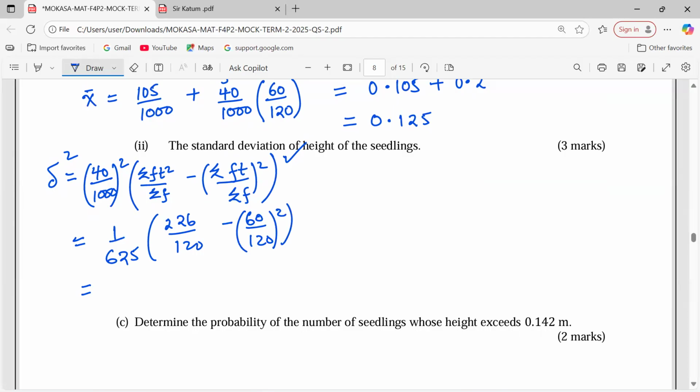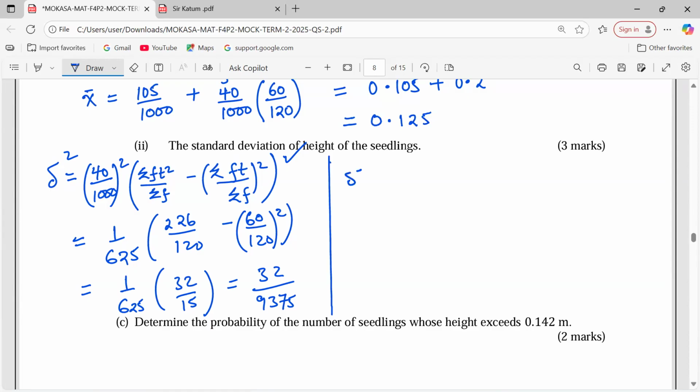So this gives us 1 out of 625 into 32 over 15, giving us 32 out of 93.75.